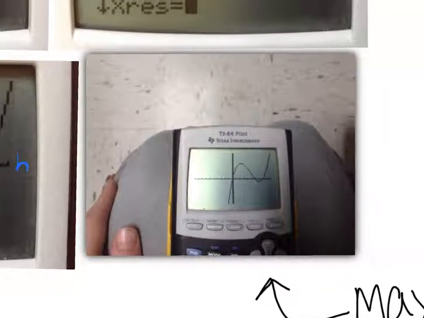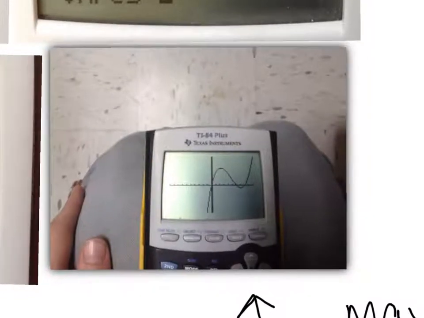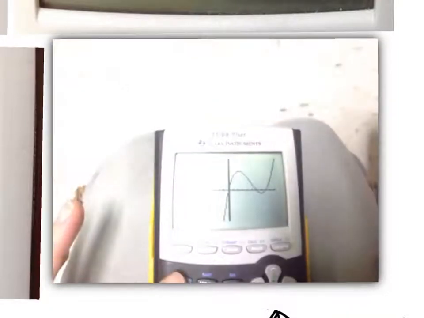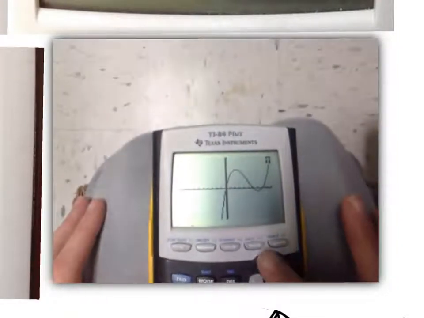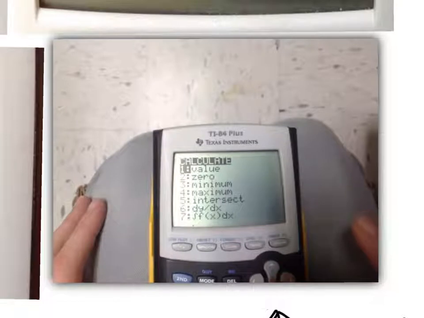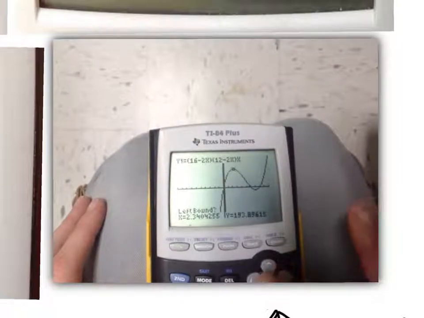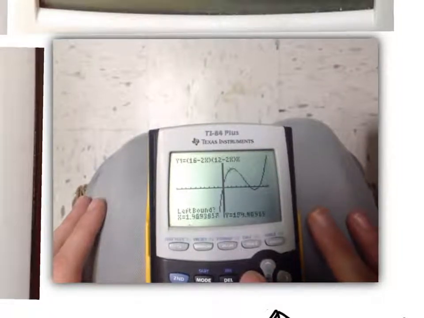Now let's see if this works. I recorded a video of me doing it because it was maybe more stable than me doing it on my own. Okay, so let's see if it works to play it, and I'll talk through it as it plays. Okay, so you press second trace. And you go down, we're looking for a maximum this time, so you go down to number 4, select it, and you have to do left bound and right bound.